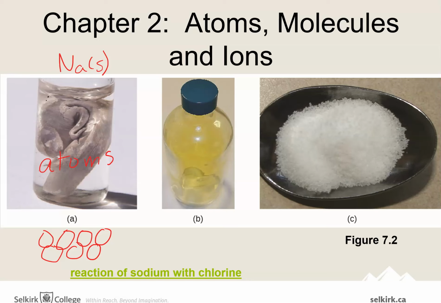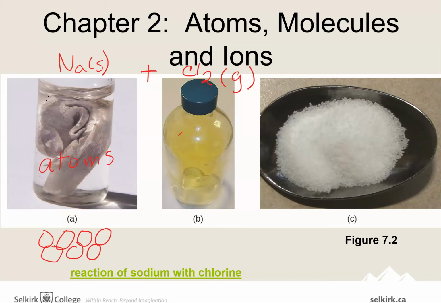Now, it's going to react with chlorine gas, which is shown in this bottle with a yellowish color. Chlorine is a nonmetal on the right of the periodic table, and although I'll review this later, I hope you remember that chlorine is one of the diatomics. So I'm going to pause while you figure out whether atoms, molecules, or ions are present in the chlorine.